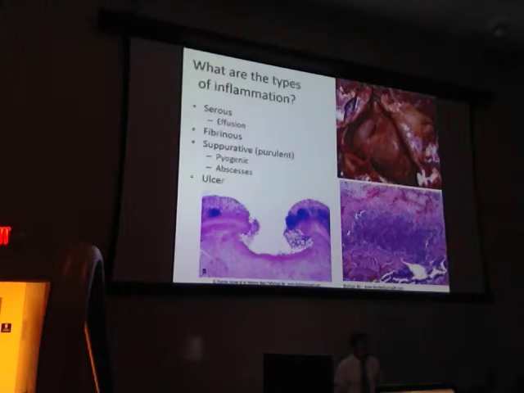Suppurative. Suppurative is where you get an exudate. That's like a white pus that comes from neutrophils. The white pus is usually necrotic cells and edematous fluid, but you have a lot of cellular debris there, and that's why it's kind of a pussy fluid. Different than a blister.